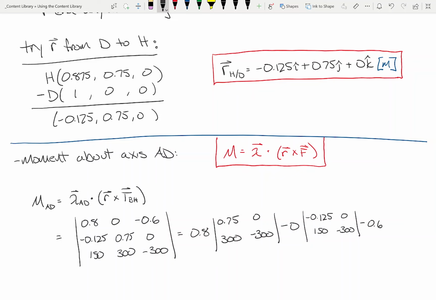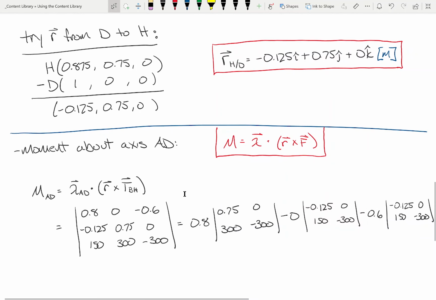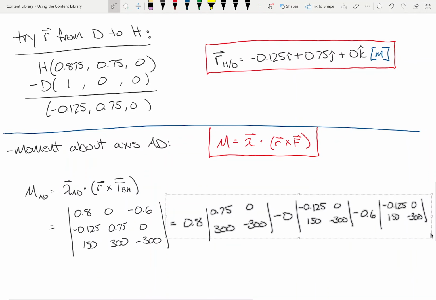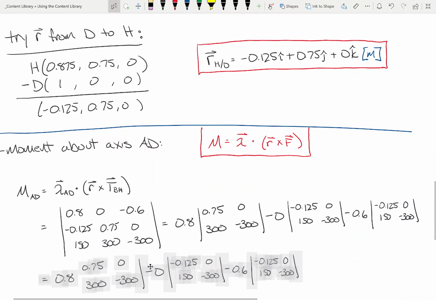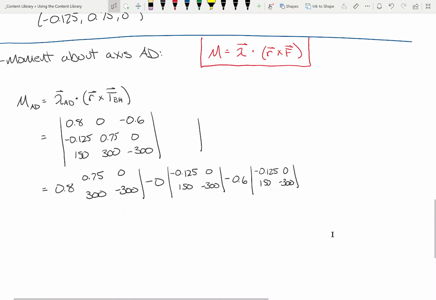Now I'm making that negative because in the IJK, this is positive, but that's a negative value. Okay, hold on. This is getting a little squunched, so I'm going to move that down. So that is one way of doing it.